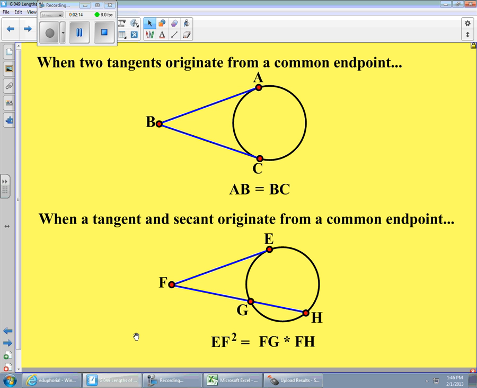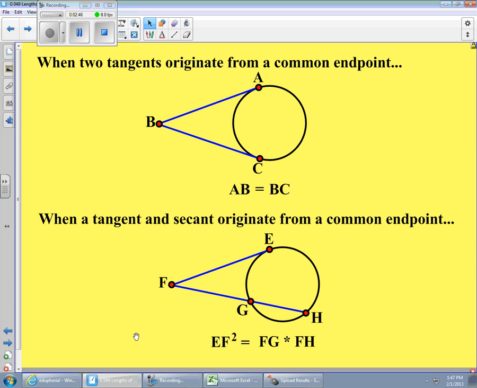The result of that is going to equal, and on the secant, it's a little bit more complicated. F to G, that is the length of the secant from the common endpoint to the first intersection with the circle, so the length entirely outside of the circle. That's that first value, F to G. That is going to get multiplied by the length F to H, which again is from the common endpoint all the way to the second intersection with the circle.